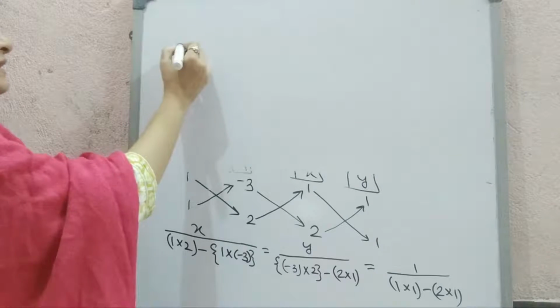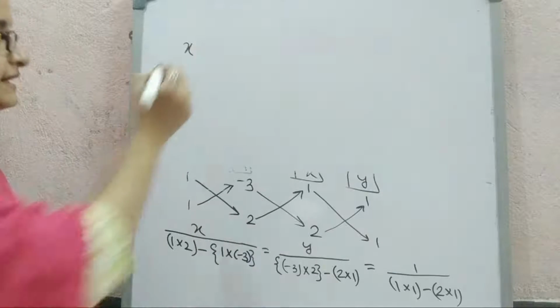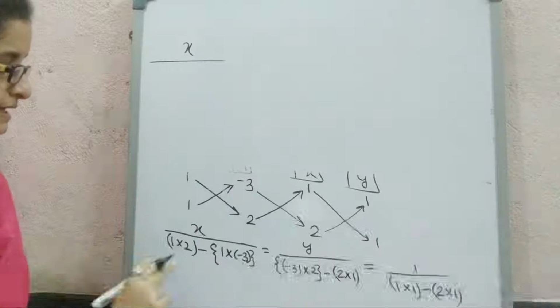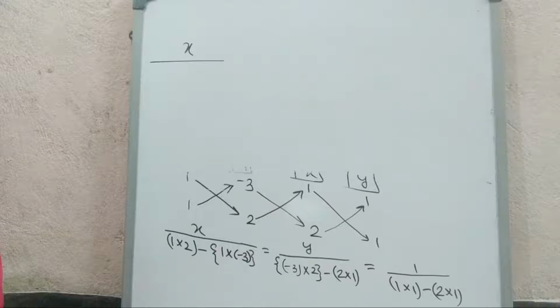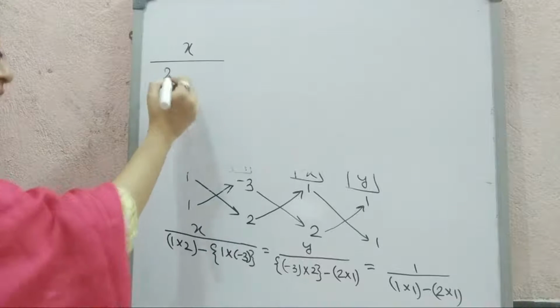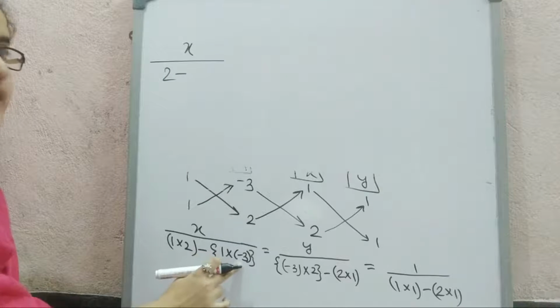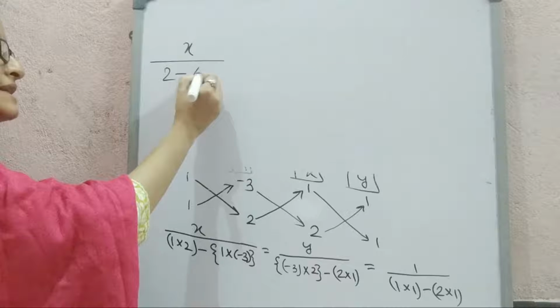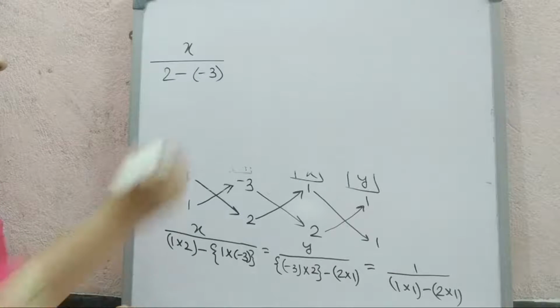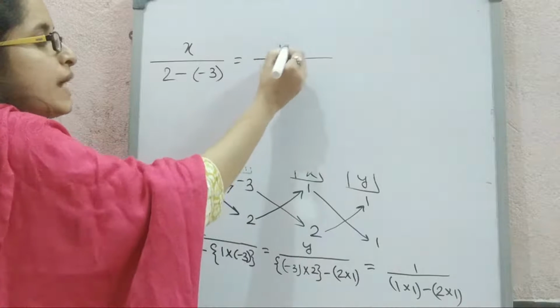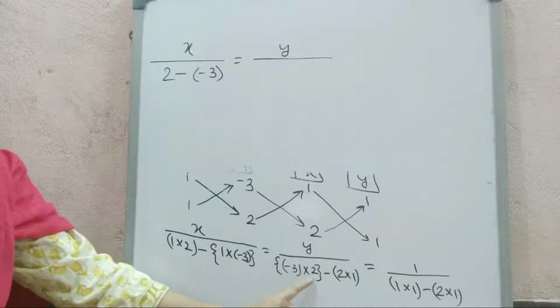You can see that x by 1 into 2 is 2, minus 1 into minus 3 is minus 3. Is equal to y by minus 3 into 2.